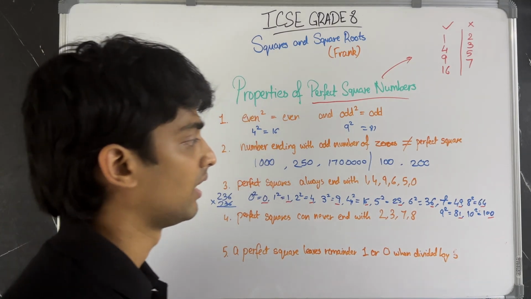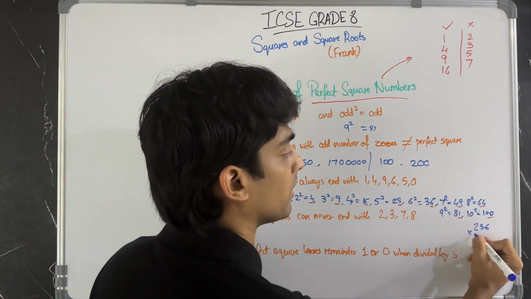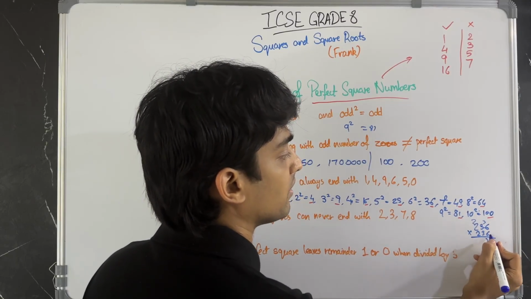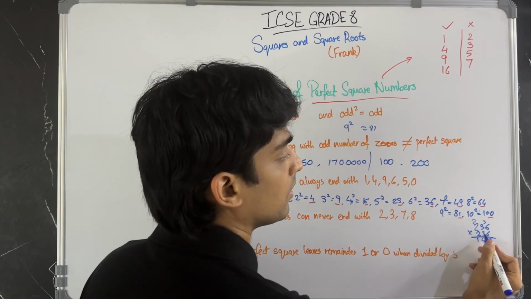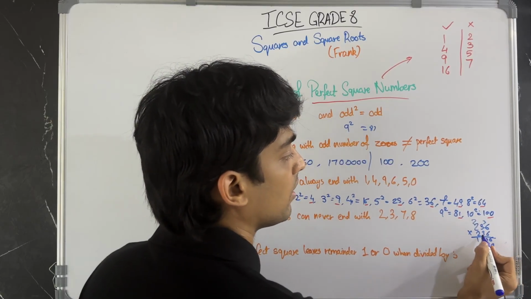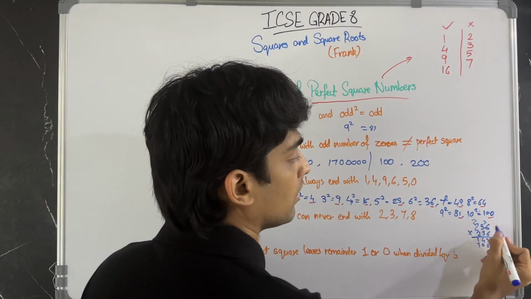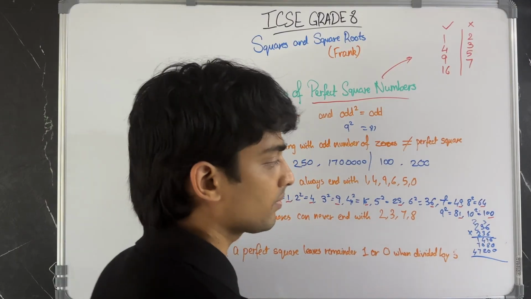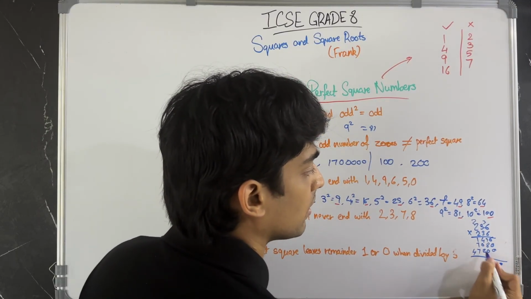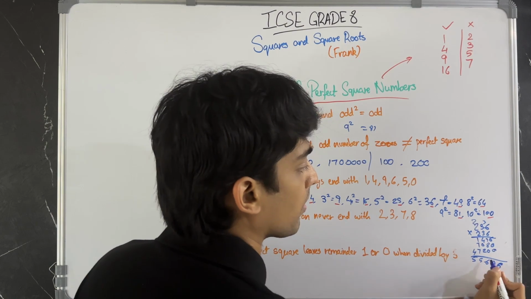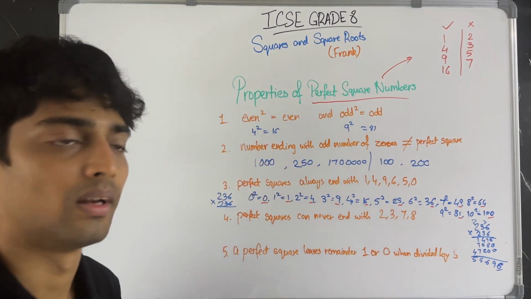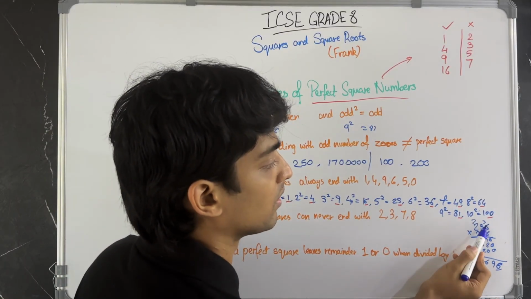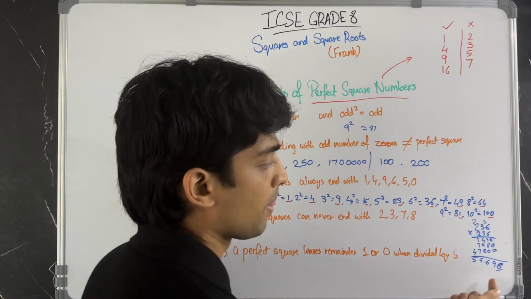So what I mean by this, I'll show it here. 236 into 236: 6 6s are 36, 6 3s are 18, and so on. Now if we add, the last number is 6, which is also the last digit of just multiplying the last digits. 6 6s are 36. So 6 is the last number.